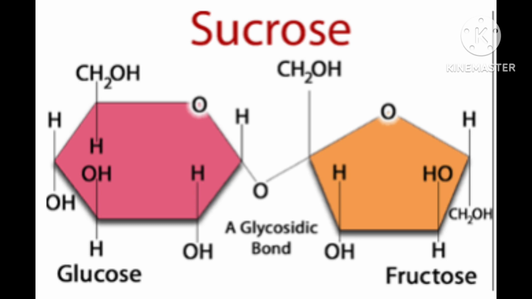The common disaccharide sucrose, on hydrolysis, gives an equimolar mixture of D-(+)-glucose and D-(-)-fructose. Both are in D configuration. D-glucose, glucose is positive, means dextrorotatory, and D-(-)-fructose means laevorotatory.